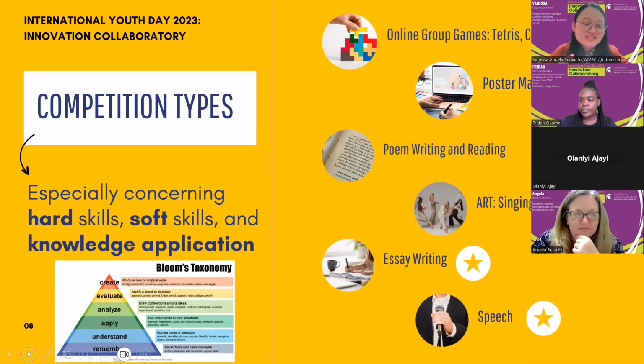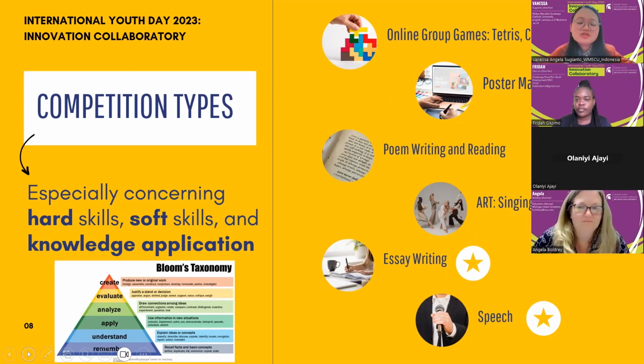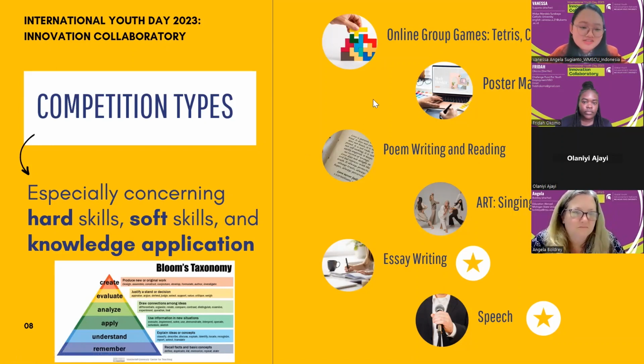So for hard skills, for example, by joining this, the youth will train their skill to design something, like when they join the poster making, and they will train their skill to write by joining the essay writing or poem writing. And for soft skills, they will train their creativity by doing the art and poem writing, etc. And they also will train their critical thinking by making the speech and essay writing.